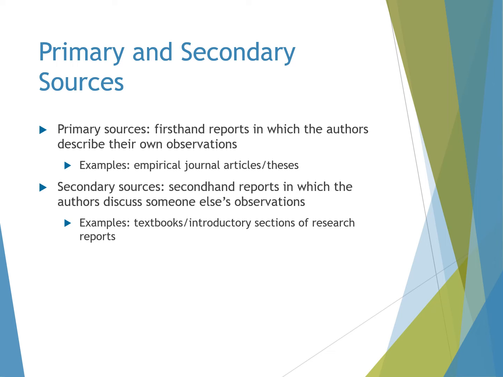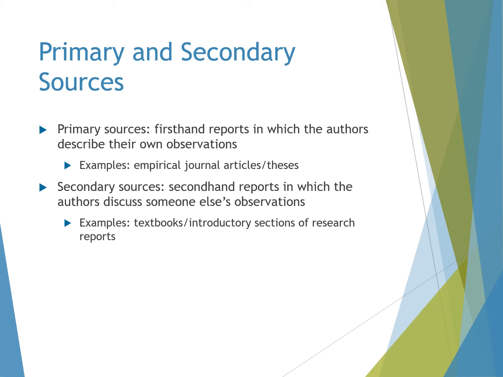Secondary sources are secondhand reports in which the author discusses someone else's observation. So this might be a literature review that somebody has written up. A textbook is a good example of a secondary source, where the textbook authors have reviewed the literature and are describing what we know as a whole.